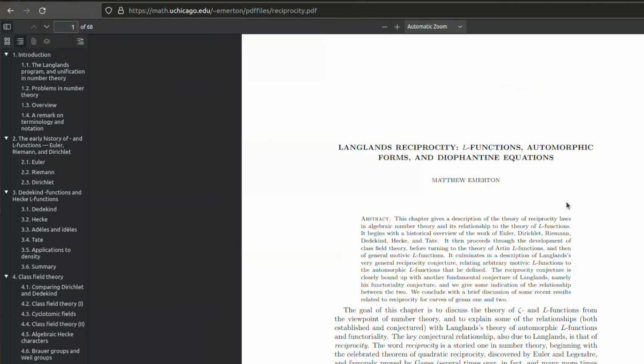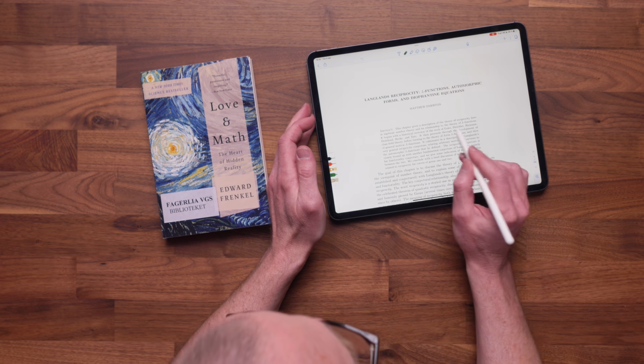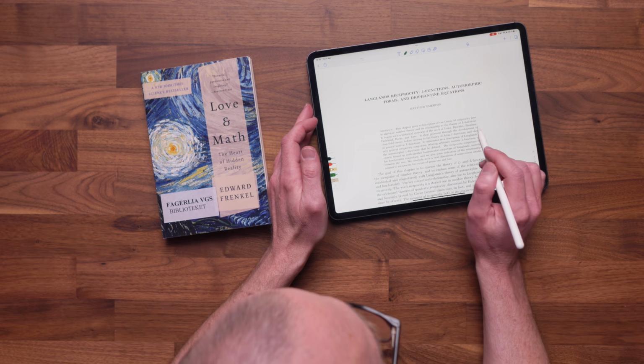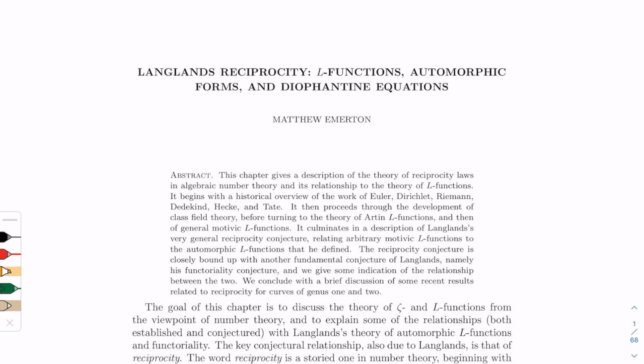Here is the abstract, and you see almost all of the words we use today, like reciprocity laws, L functions, relating arbitrary motivic L functions to automorphic L functions, and so on. So many of the words we use today are rigorously defined in this paper.